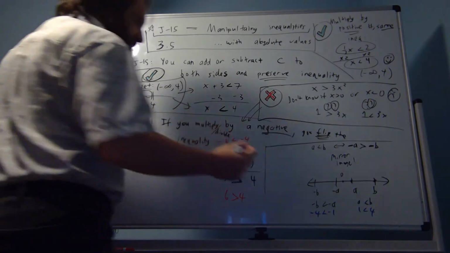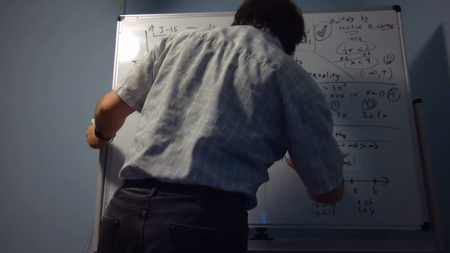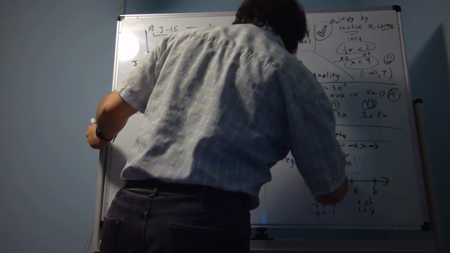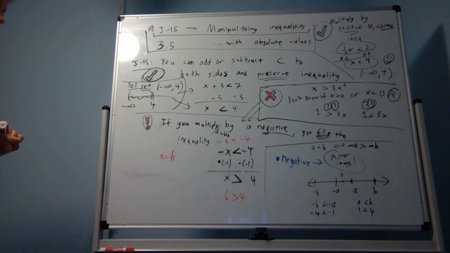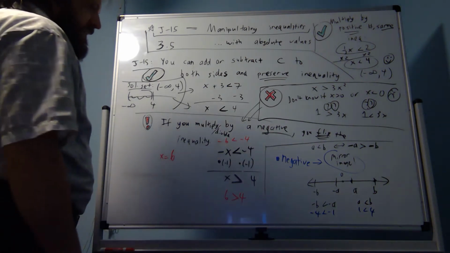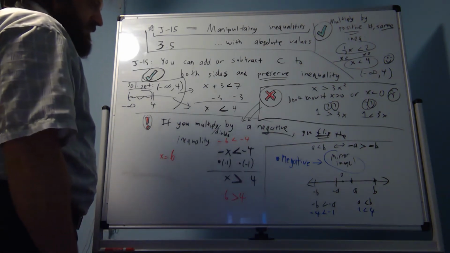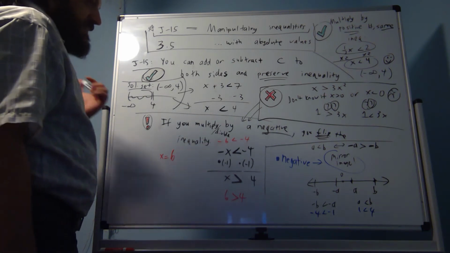Okay, but the whole idea is if you times an inequality by a negative, you get the mirror image, which means the negative of a big positive number is like a big negative number. So you're super duper negative, which means you're less than all the stuff that was less than you in the mirror image.